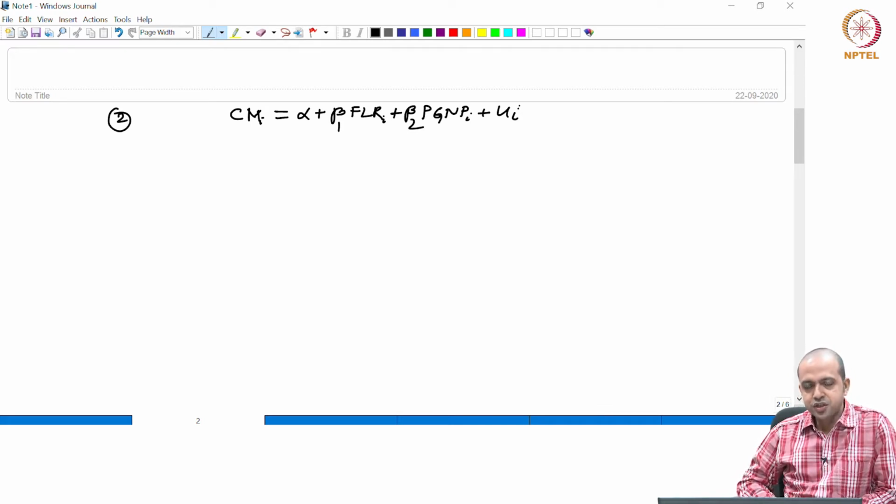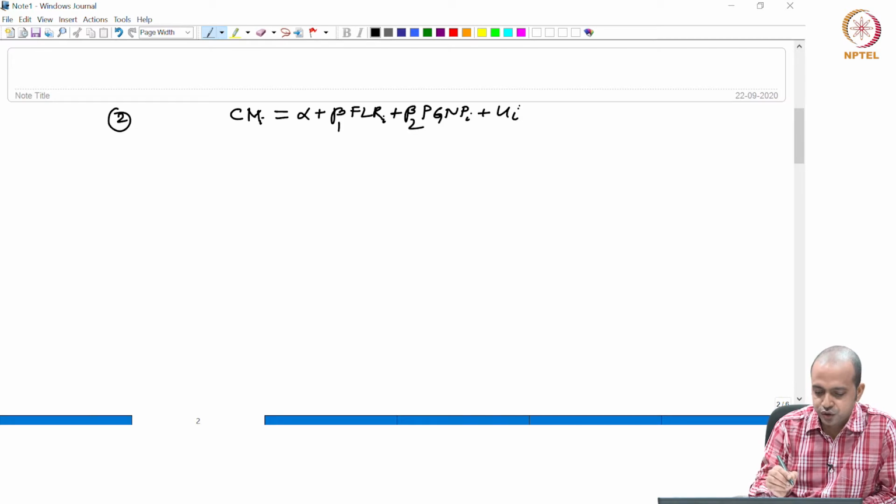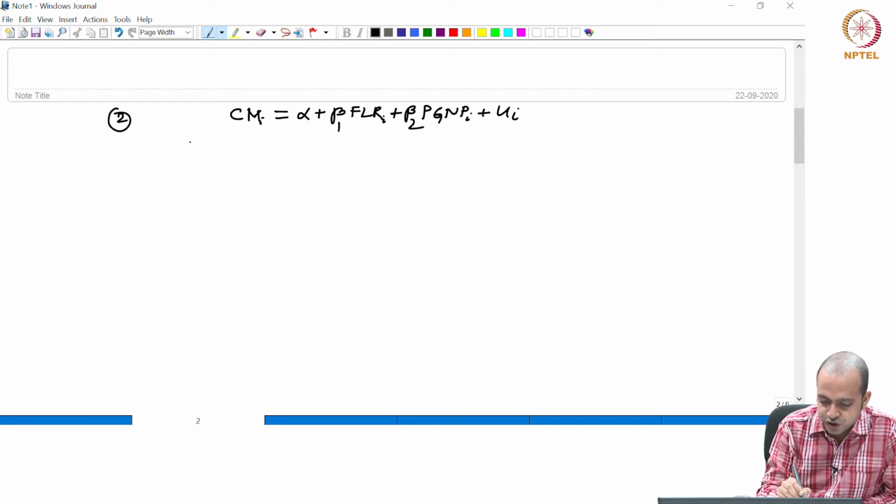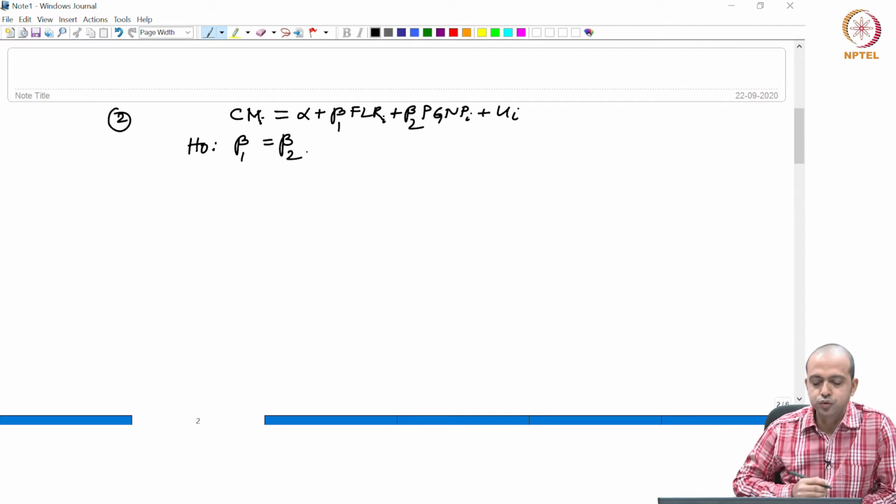Second hypothesis is an equality between two regression coefficients, that is our second hypothesis. So, our null hypothesis here is beta 1 equals beta 2.